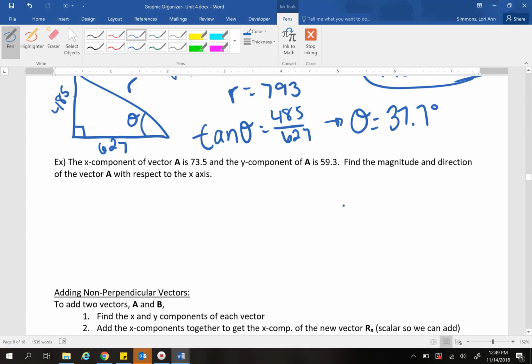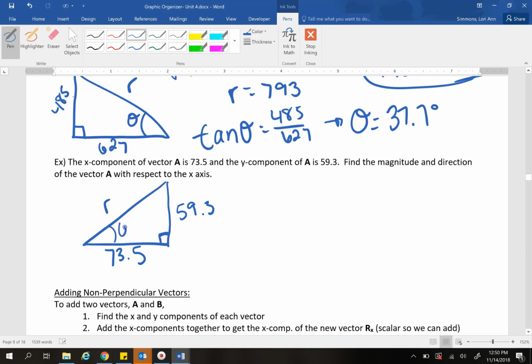And the last example. The x component of A is 73.5. The y component of A is 59.3. Because this, again, is our initial, and our terminal is that magnitude that we're looking for.